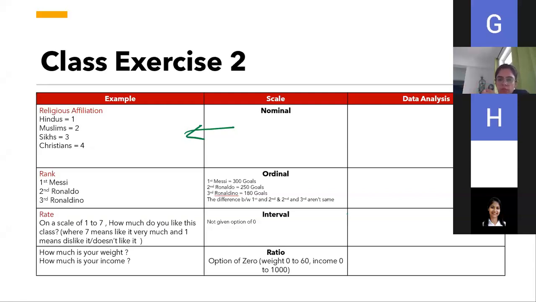Or if I get this religious affiliation, I have 100 people fill a survey and ask them to fill in their religious affiliation. What kind of analysis can you do from that data? Just think about it. What kind of analysis can you do?